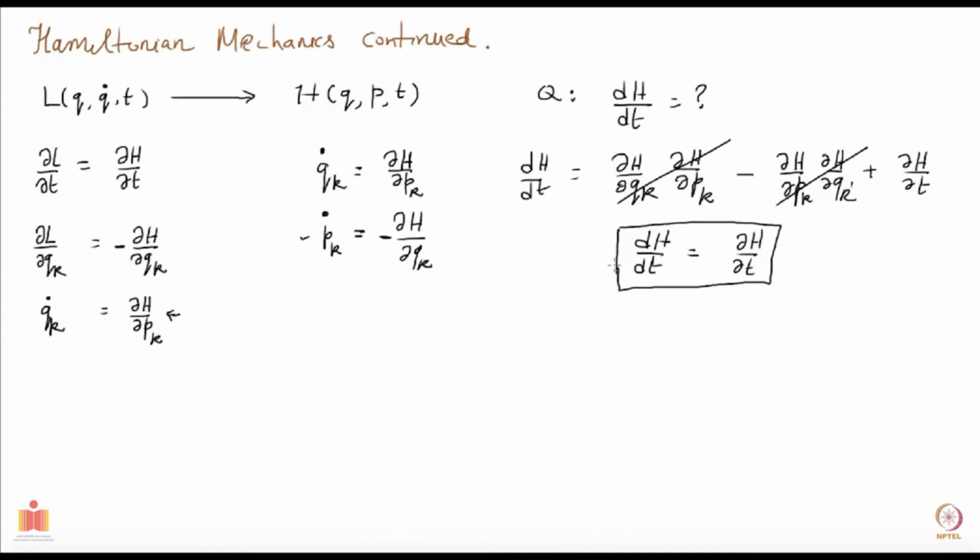You can say more because you also know that the partial derivative of H with respect to time is equal to ∂L over ∂t. Now, if your Lagrangian didn't depend explicitly on time, then your Hamiltonian will also not depend explicitly on time. That is what this equation is saying. Okay, so let's say the explicit time dependence is not there, and if that is the case, then your total time derivative of H will be 0.